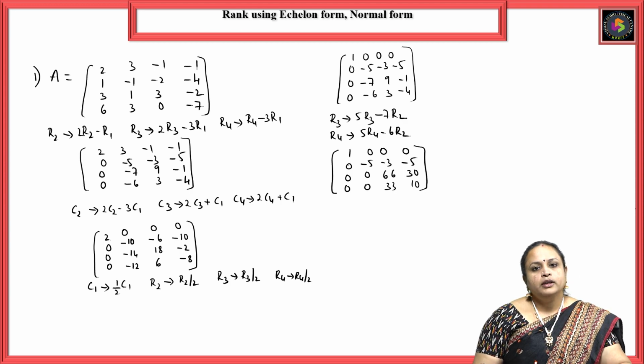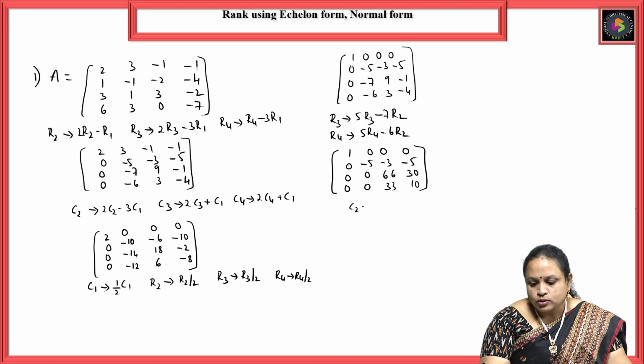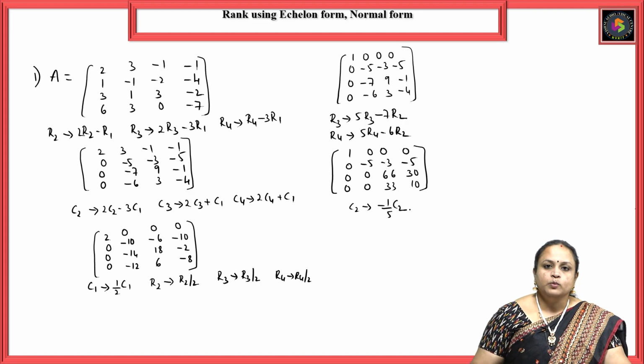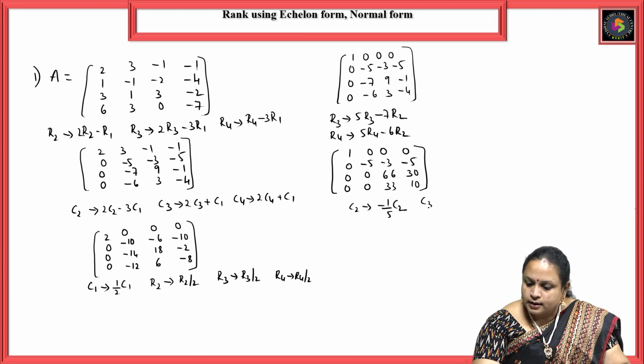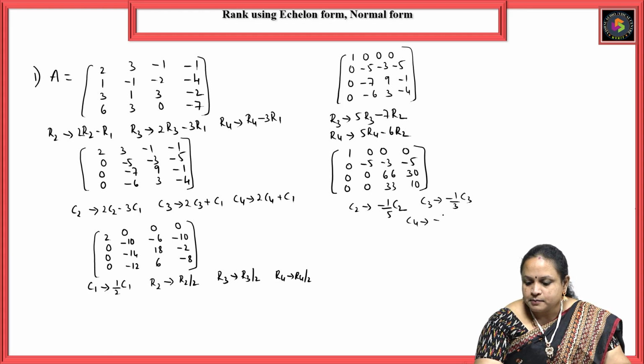Now we are always trying to bring an identity matrix. So, C2 implies minus 1 by 5 C2, C3 implies minus 1 by 3 C3 and C4 implies minus 1 by 5 C4.